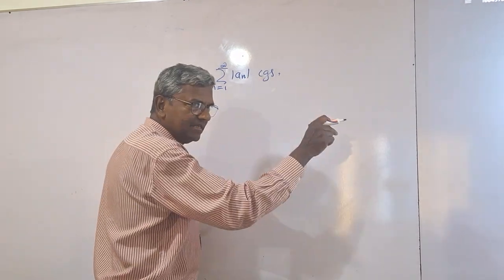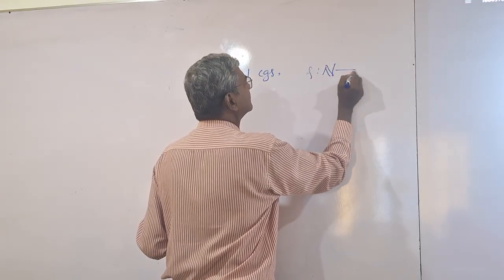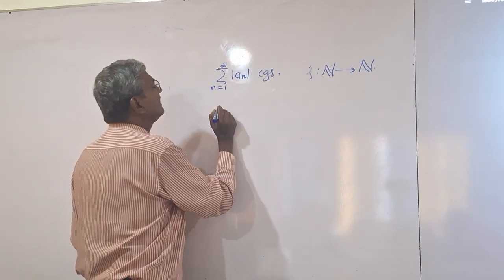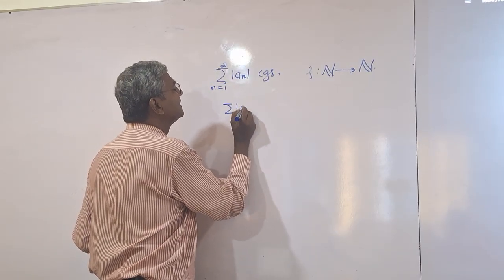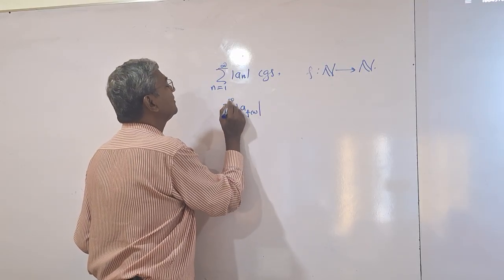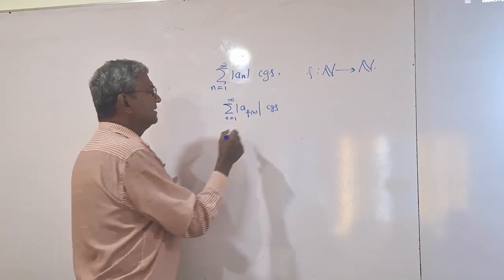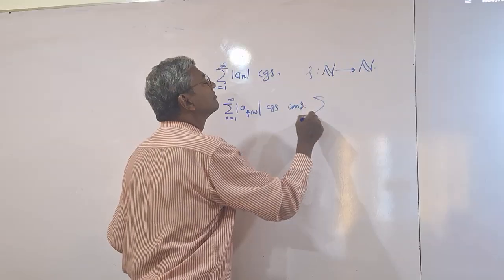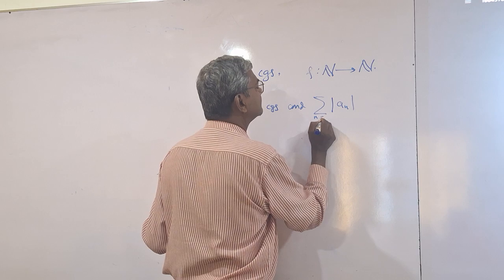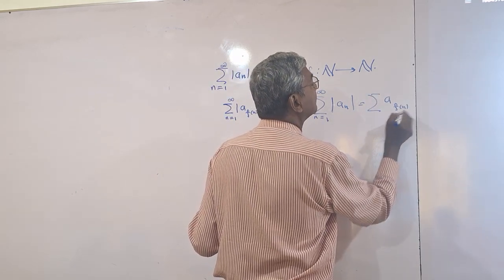Actually, from this result, if f is a bijection from N to N, we can say right away that the sum of A Fn, n going 1 to infinity, converges, applying the previous result, and that sigma An, n going 1 to infinity, equals sigma A Fn, n going 1 to infinity.